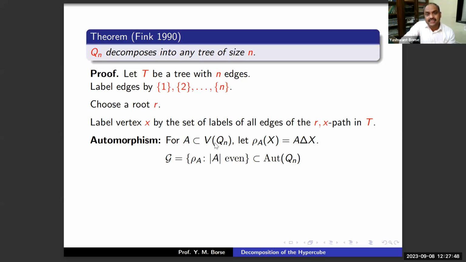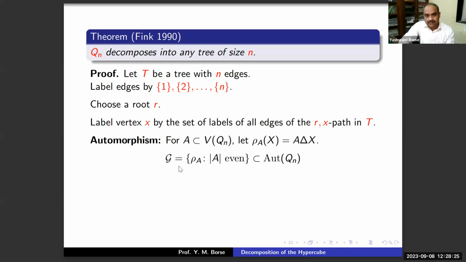For a subset A belonging to the vertex set of Qn, a subset of {1 to n}, define rho A, an automorphism from the vertex set of Qn to itself. So rho A of x is equal to the symmetric difference of A and x. This is the automorphism induced by A.